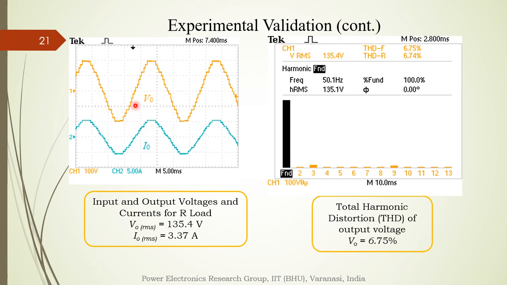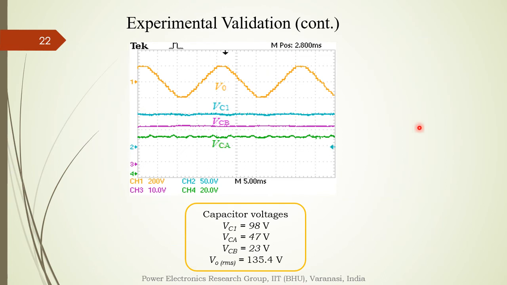Here you can see that the 17 level output voltage is obtained experimentally. The RMS voltage is 135.4 and the current is 3.37 for 40 ohm resistance, and the THD is found to be around 6.75 with this stage, without any filter. These are the 3 capacitor voltages VC1, VCA, VCB from the experimental validation.